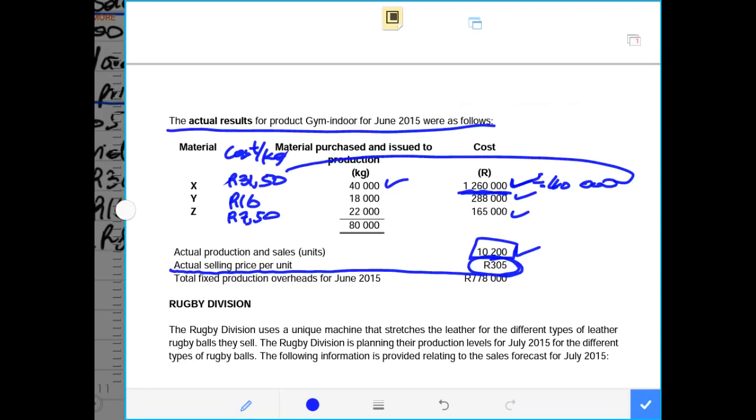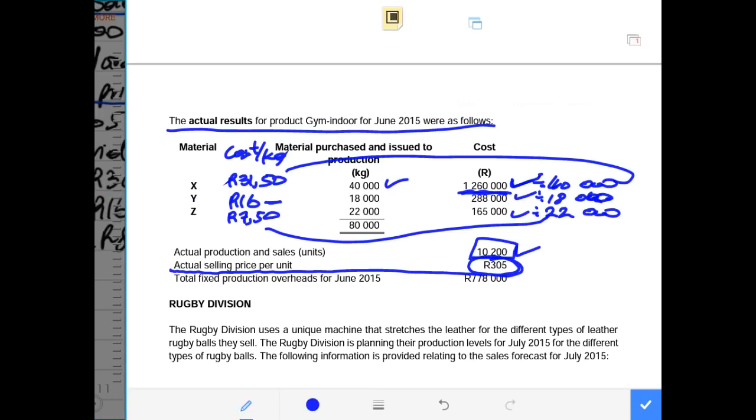Then we divided this by 18,000 kgs, and dividing a cost by kgs gives you a cost per kg, which is that 16 rand. Then here we divided by the total kgs of 22,000, and it gave us that 7 rand 50 cents, which is the actual cost per kg.